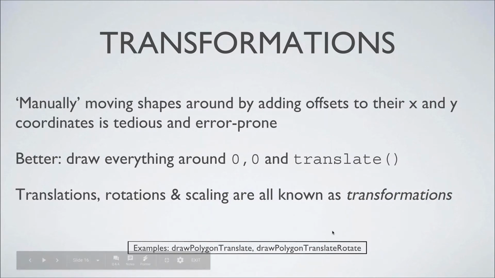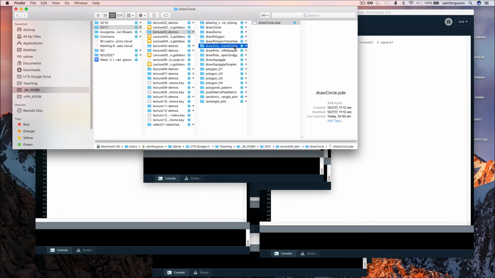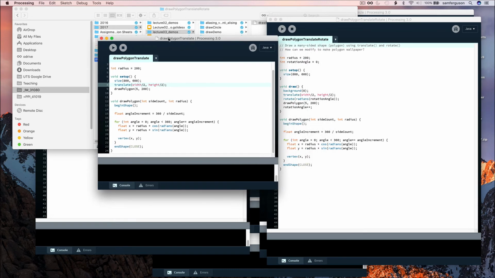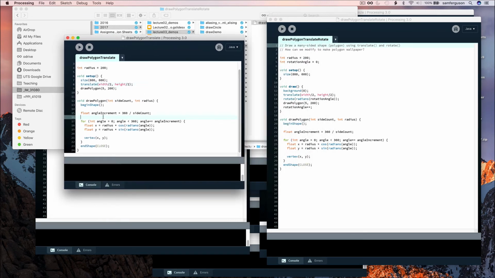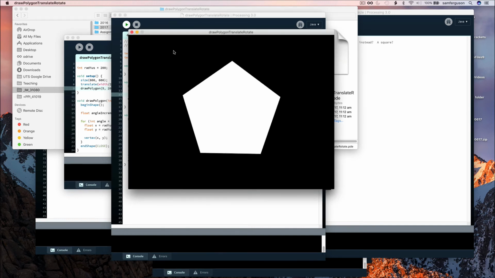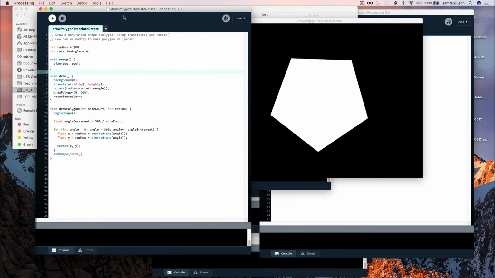You can also rotate, and that's draw polygon translate rotate. So this one. We've rotated as well as translated. So we can now draw a polygon that rotates each time.